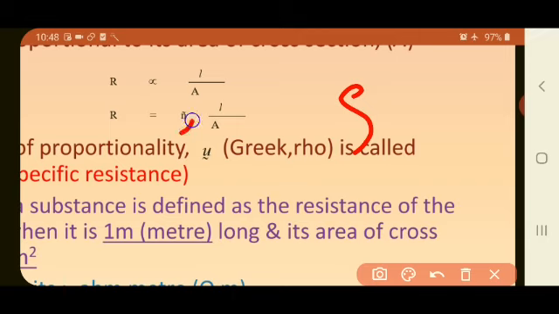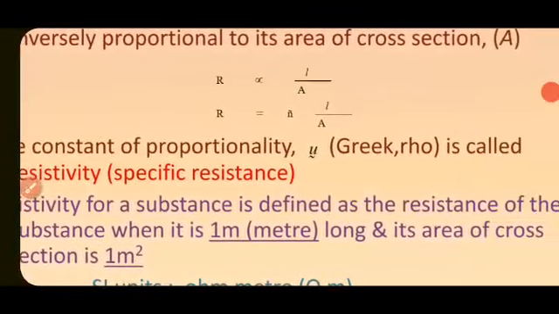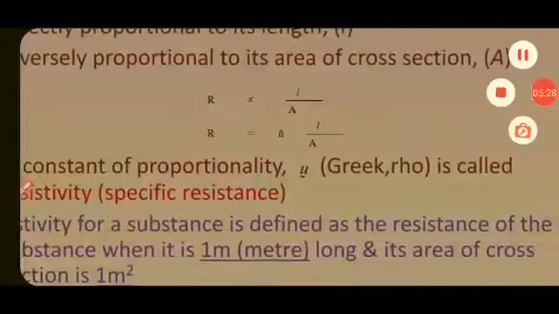So R is equal to rho into L divided by A, where this proportionality constant is also called resistivity or specific resistance. So please make the change, or you can refer to the textbook to see the symbol.